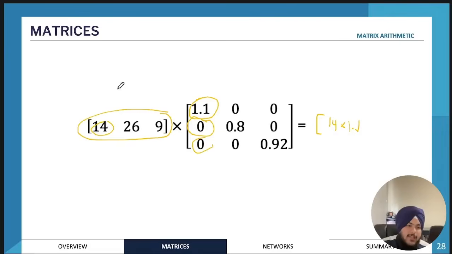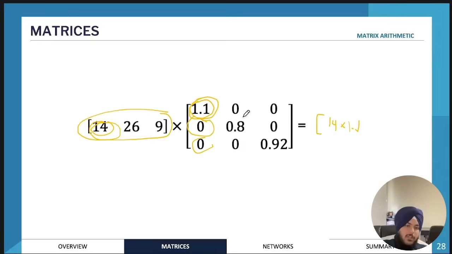If we were to multiply this matrix by one particular scalar, we would end up with all of these numbers multiplied by 1.1, but we only want to increase one price by 10%. So this is a smart way of doing this, so that we only multiply the number we want by 1.1. So 1.1 times 14.